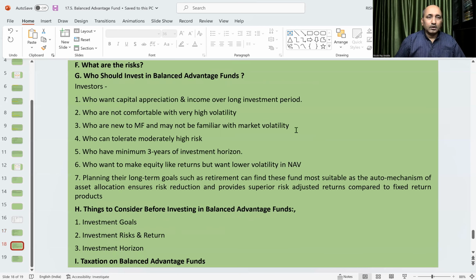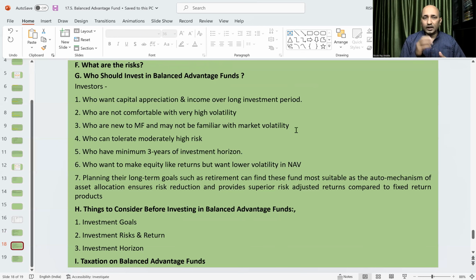Now, what are the risks? Of course, mutual funds are subject to market risk. So here also there is market risk. The equity portion has volatility risk and market cycle risk.